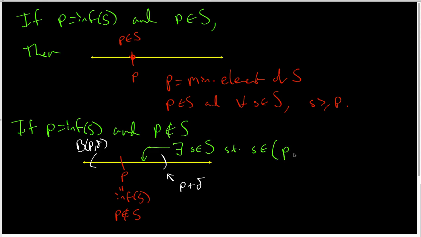It belongs to the open interval between P and P plus delta. And I can do this for every delta bigger than 0. So this kind of picture is going to be true for all deltas bigger than 0 when the infimum is not part of the set.